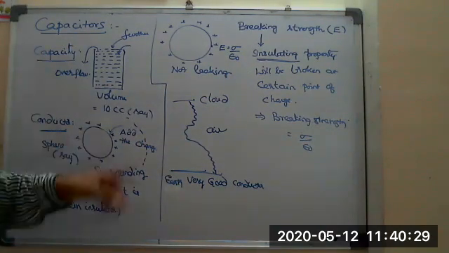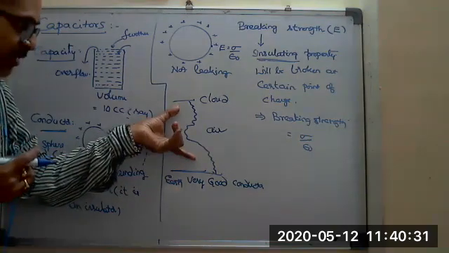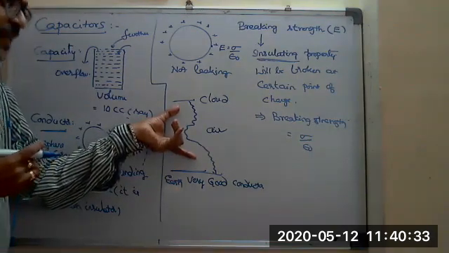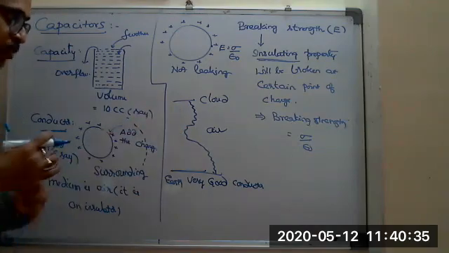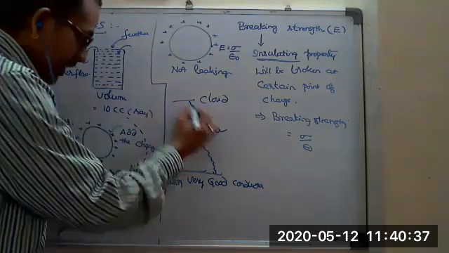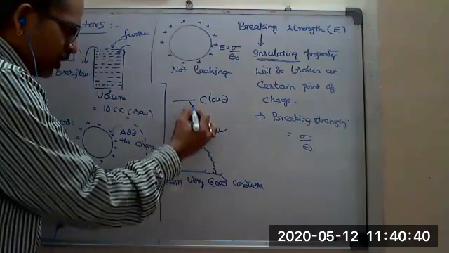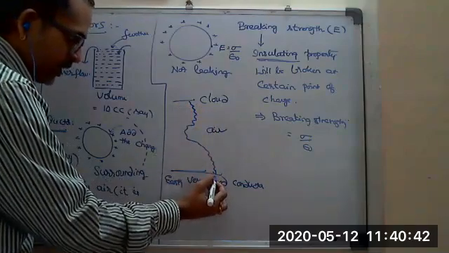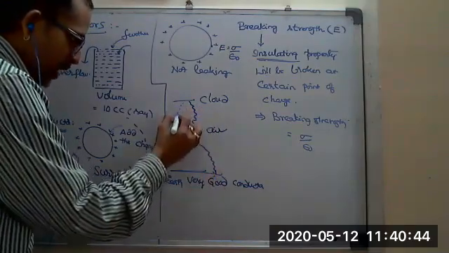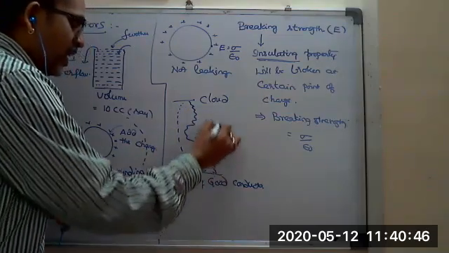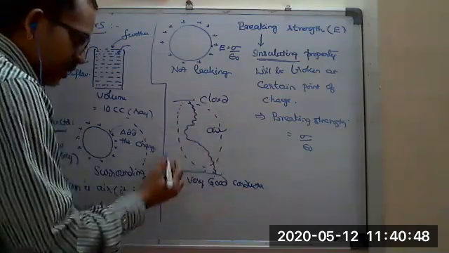At that instant, the air medium is behaving like a conductor, means it is very dangerous now. That's why, during lightning, a lot of charge is coming to the earth, and all the surrounding part of the air is behaving like a conductor.